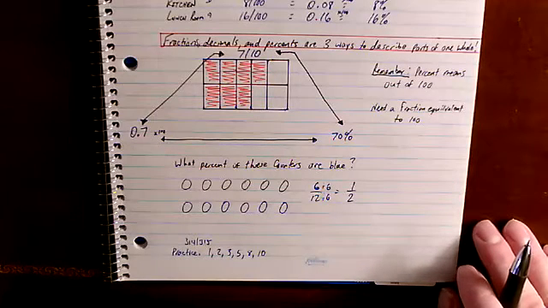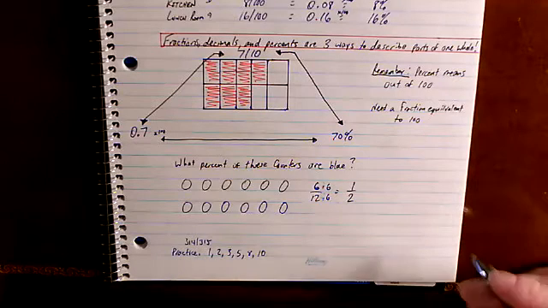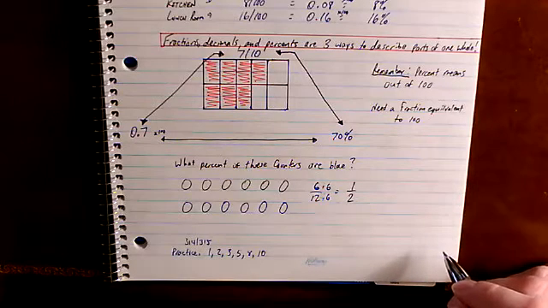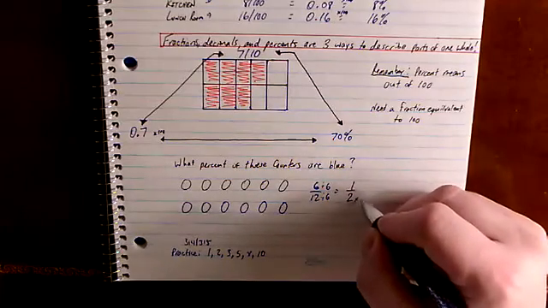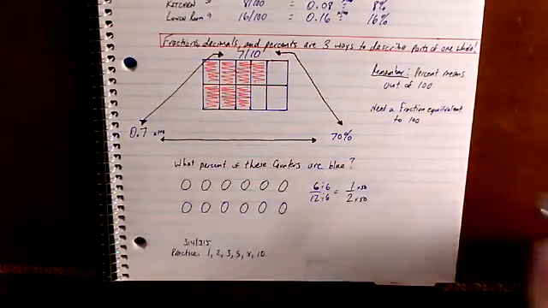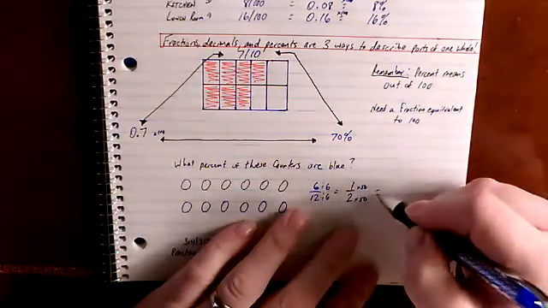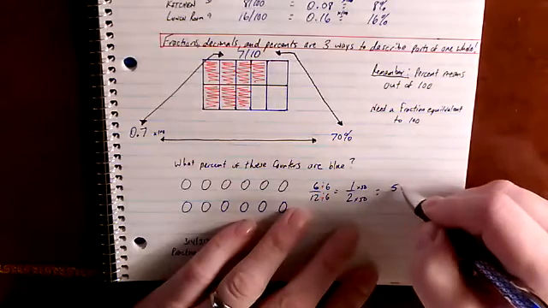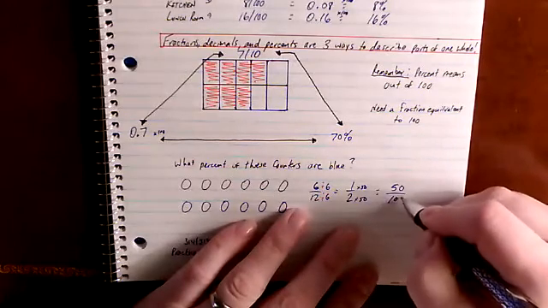Okay, so I need to double something. So what I need to ask myself is, what do I need to multiply 2 by to get to 100? Well, what is half of 100? Half of 100 is 50. So what I do to the bottom I must do to the top. So if I multiply each by 50, I'm going to get 50 over 100.